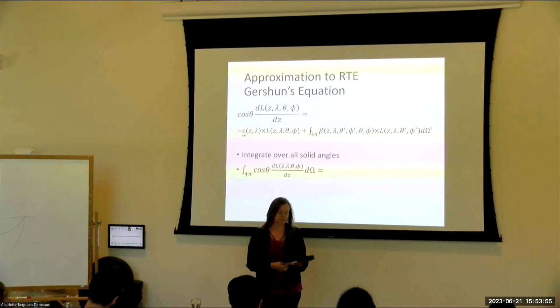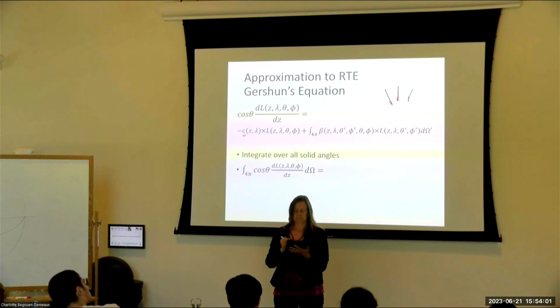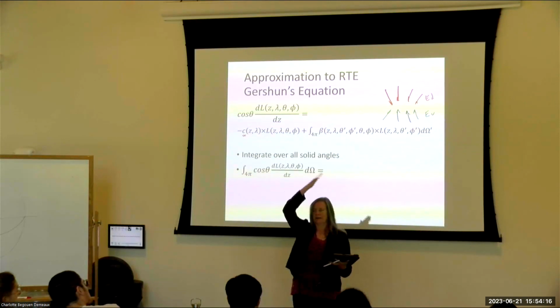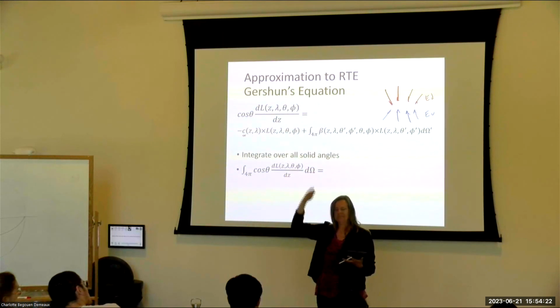So here's the problem. You have a bunch of light coming down, right? And then you have a bunch of light coming up. So this is EU, and this is ED. But when I integrate from 0 to pi, I'm getting a positive number, that's positive down.